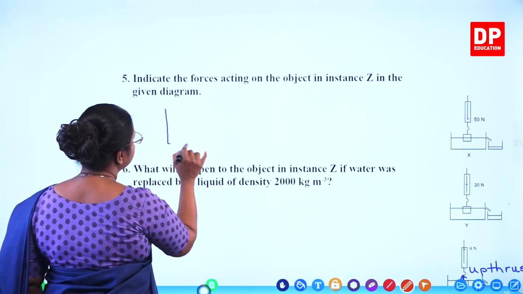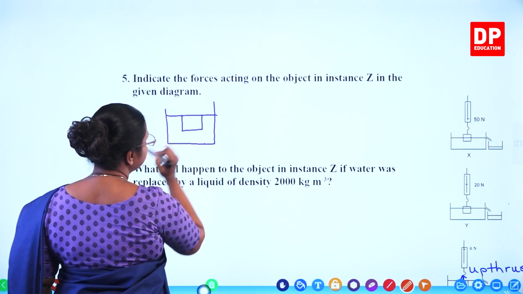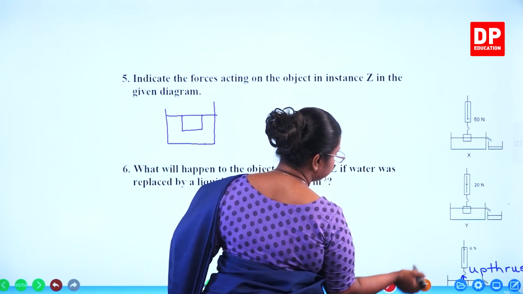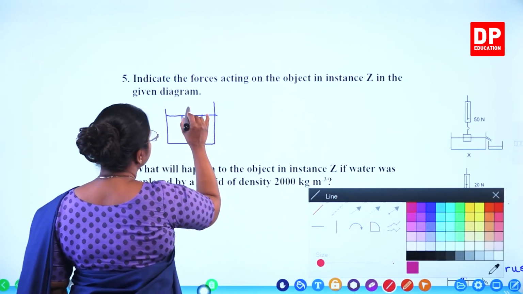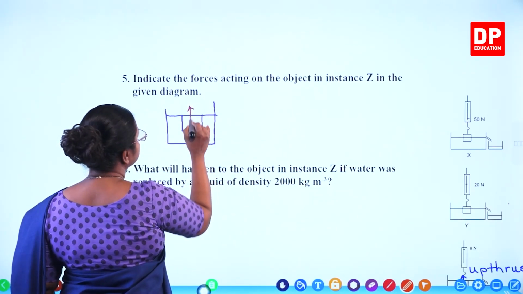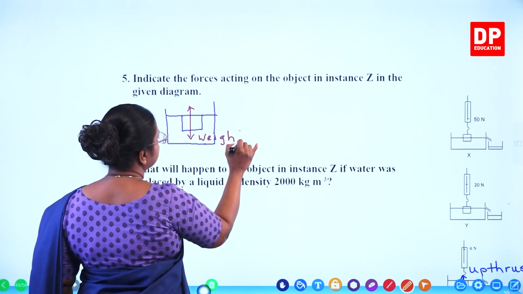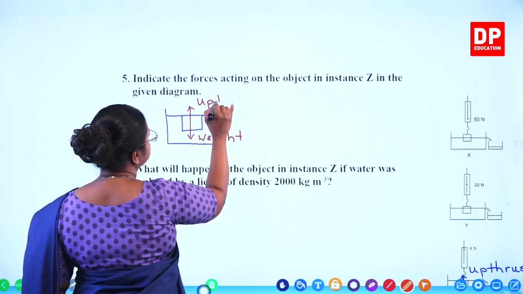If we can draw it and show also. So here we have the vessel with water. Object is completely here. So if we mark the weight and upthrust.